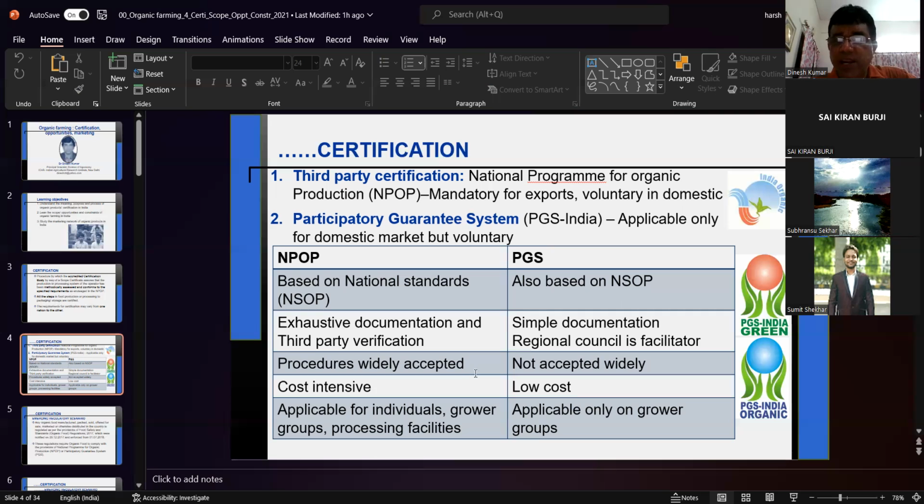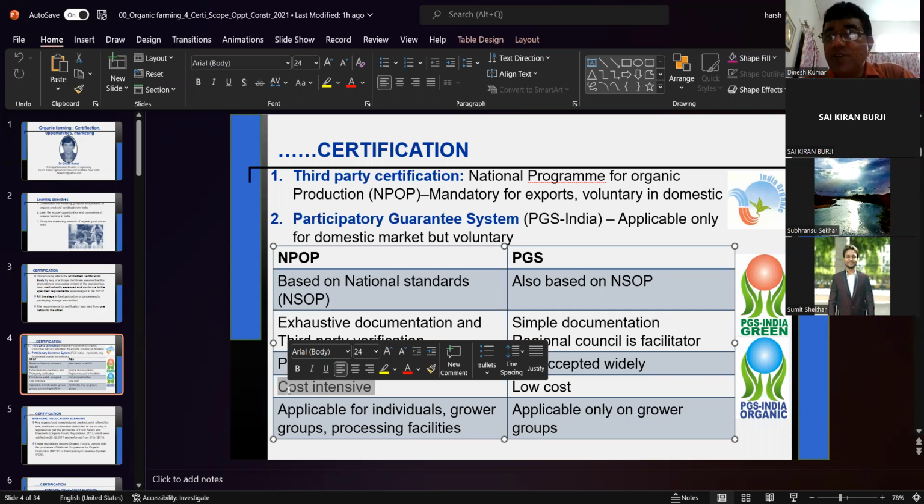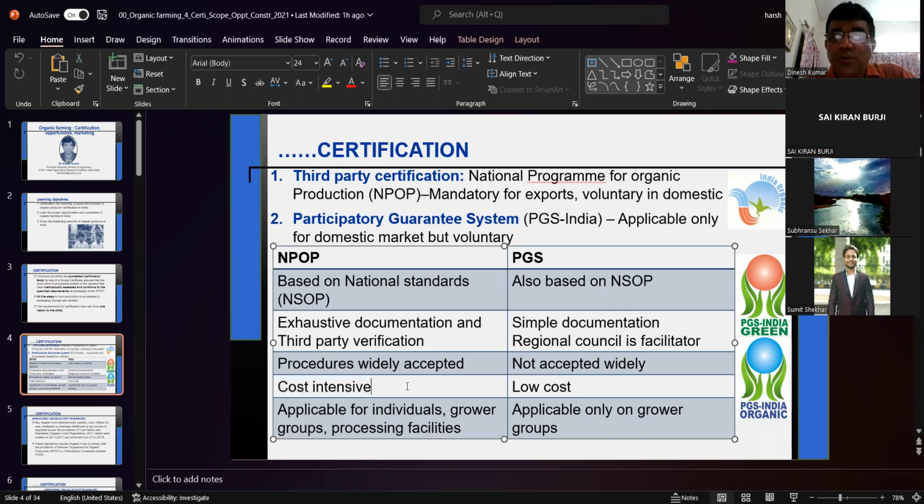NPOP procedures are widely accepted. You can export, and you can do it for domestic marketing. PGS is not widely accepted, and it is not widely trusted either. NPOP is cost intensive. One hectare certification charges will be about 35 to 40,000 rupees, and that may not even be the income from a one-hectare farm. So NPOP certification is very cost intensive.